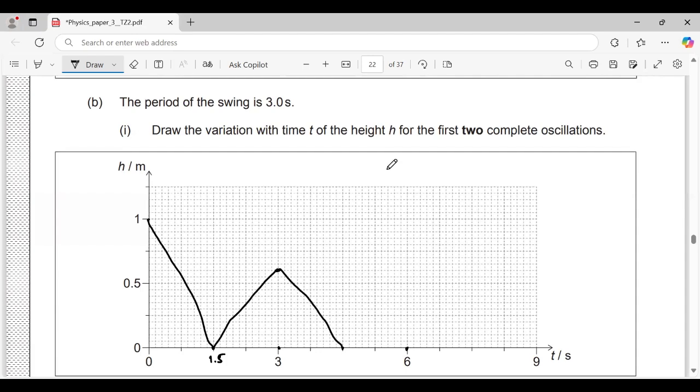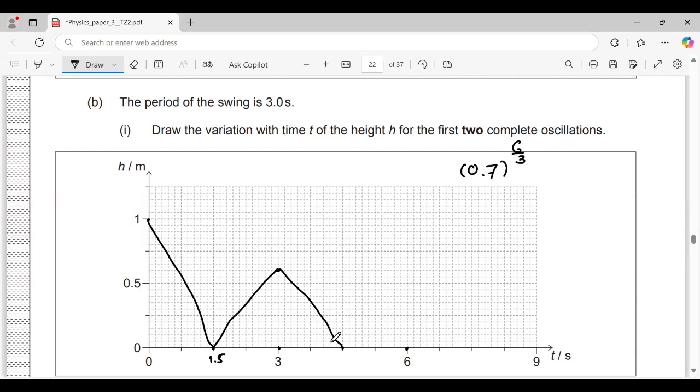I'm going to use 0.7 to the power of 6 over 3, because one period is 3.